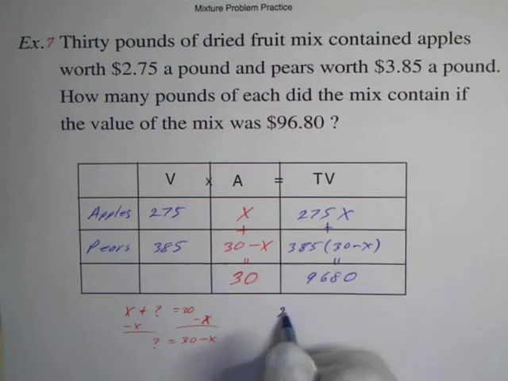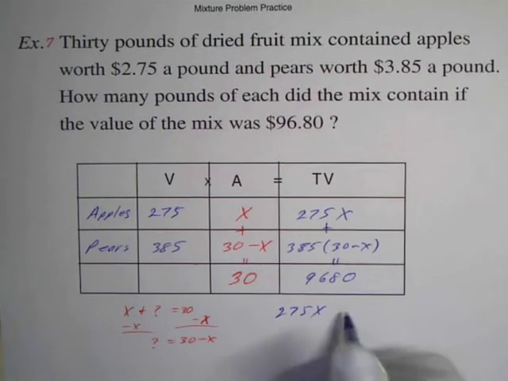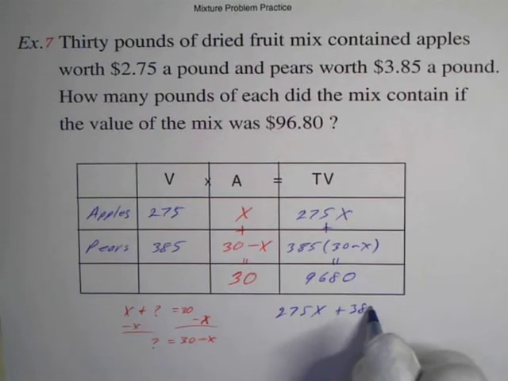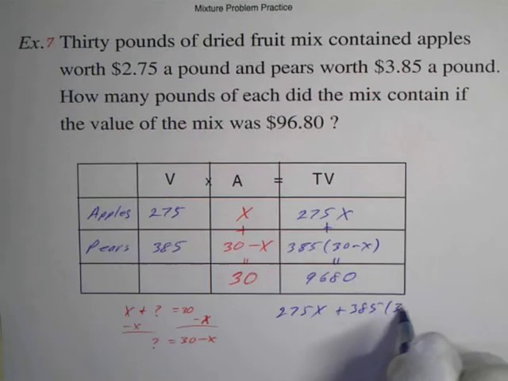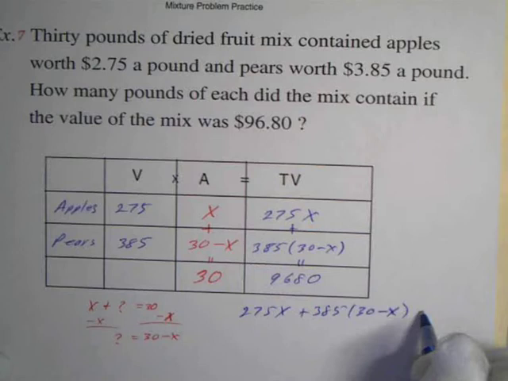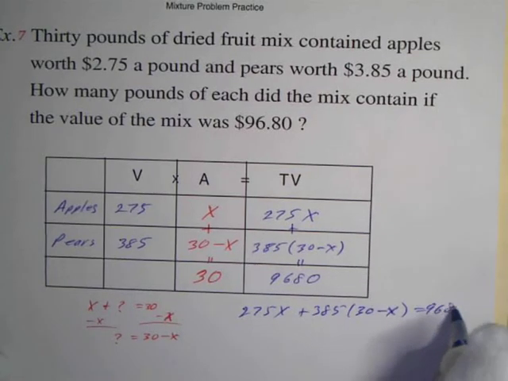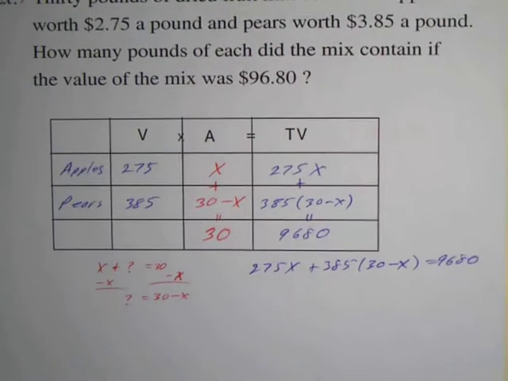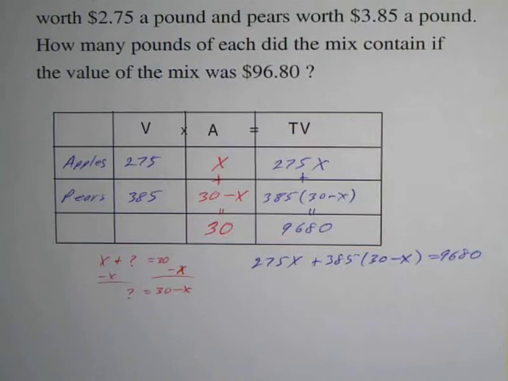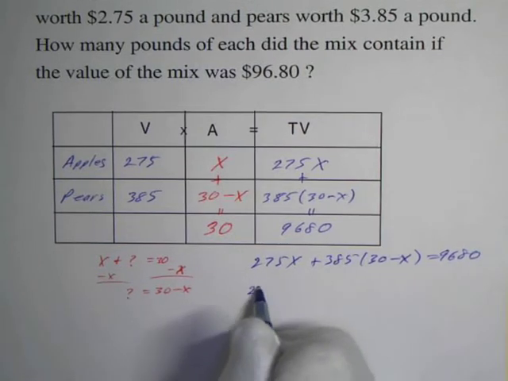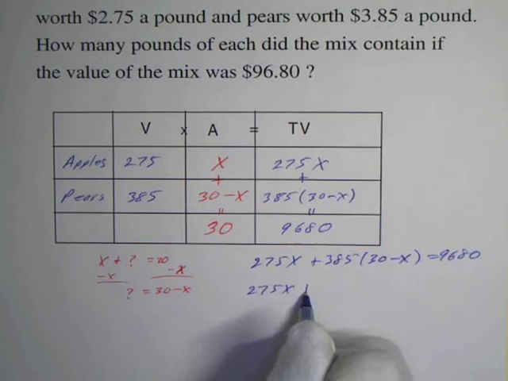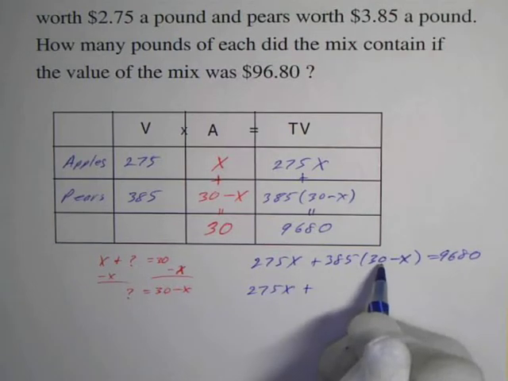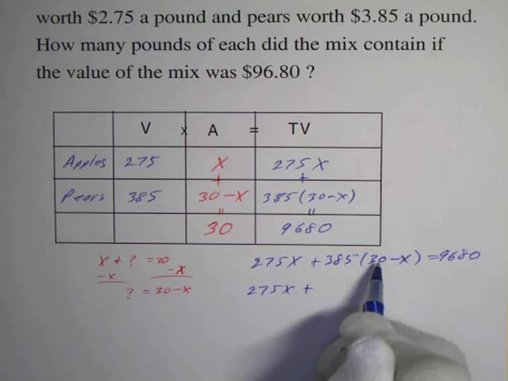So I've got my 275x plus 385 times 30 minus x equals 9680. And there you go. So there's your equation. You distribute out. So this is 275x, and 385 times 30 ends up being 11,550.